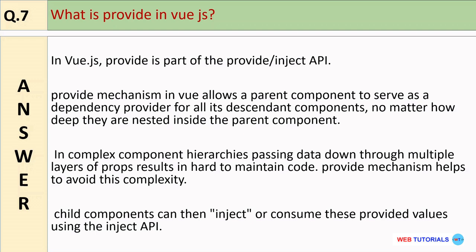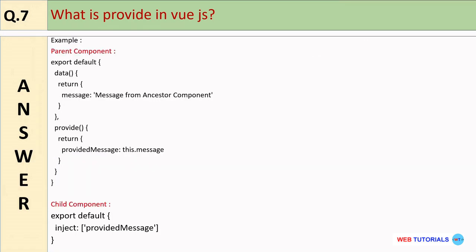In a complex component hierarchy, using provide is very useful because it avoids the need to pass data down through multiple levels of props. Child components can inject or consume these provided values using the inject API. This example code illustrates the use of provide and inject.